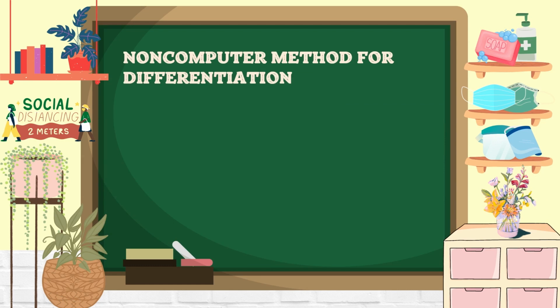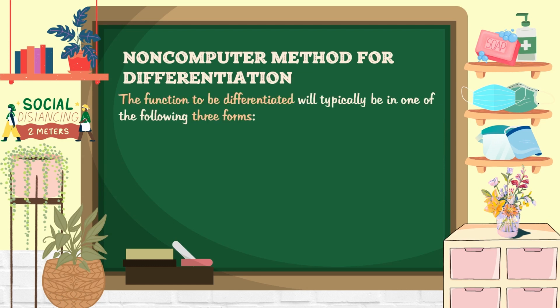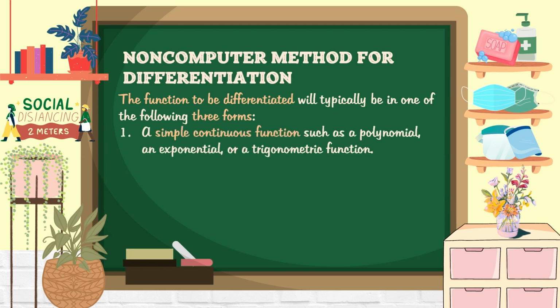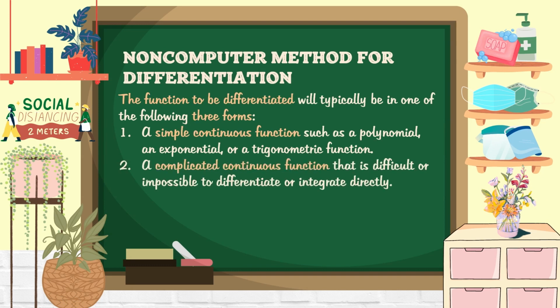For non-computer methods of differentiation, the function to be differentiated will typically be one of the following three forms. The first, a simple continuous function such as a polynomial, an exponential, or a trigonometric function. The second, a complicated continuous function that is difficult or impossible to differentiate or integrate directly.